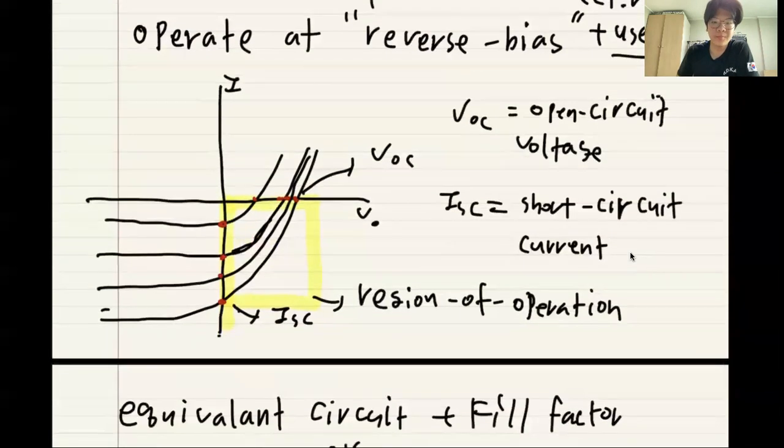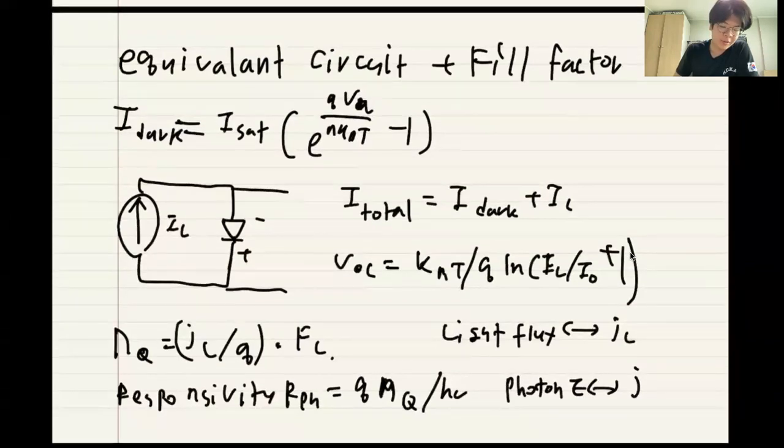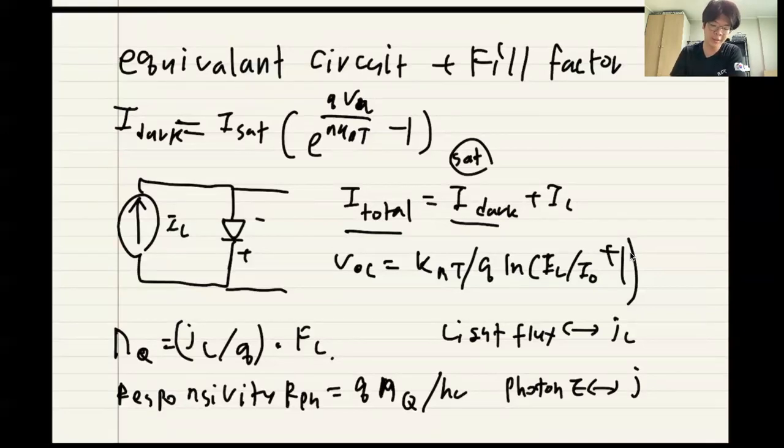So if the equivalent circuit of a solar cell is defined as here, the total current through the solar cell would be the saturation current, with no effect from the light, plus the current due to electron-hole pair generation from light energy.